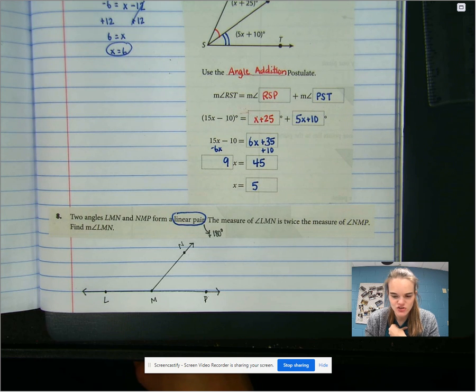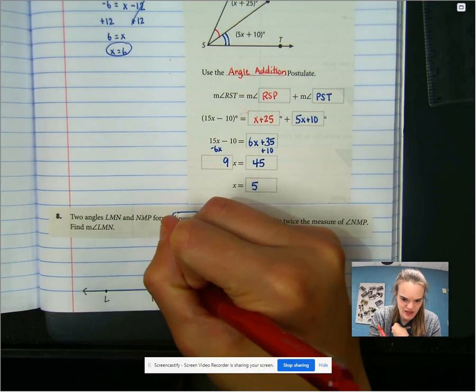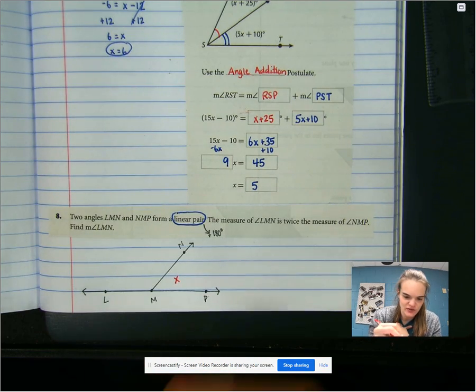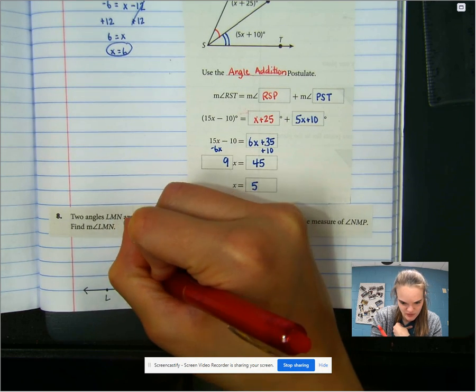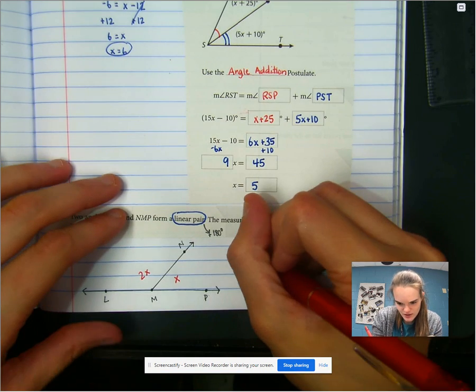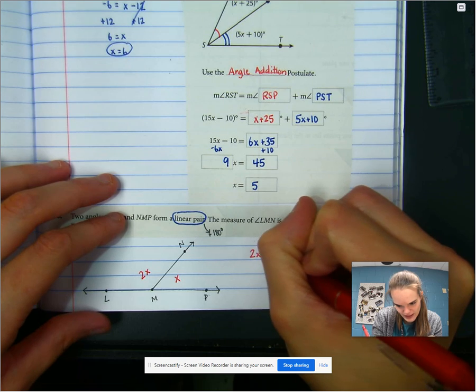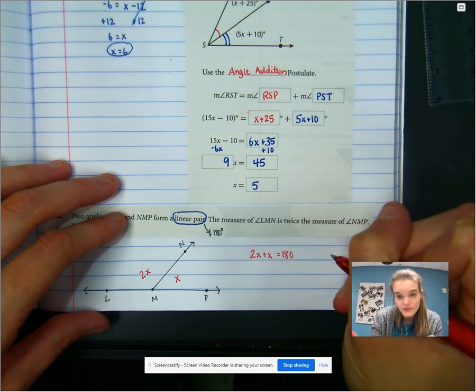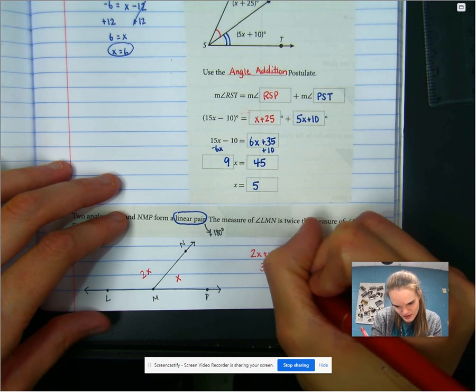Okay, I'm going to just say NMP has a measure of x. And since LMN has twice that, it has 2x. And I know that since this is a linear pair, the sum of these is equal to 180. And then I'm going to solve for x. 3x equals 180.